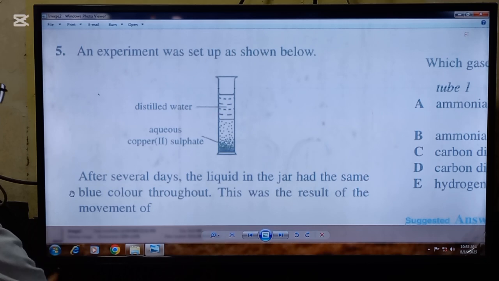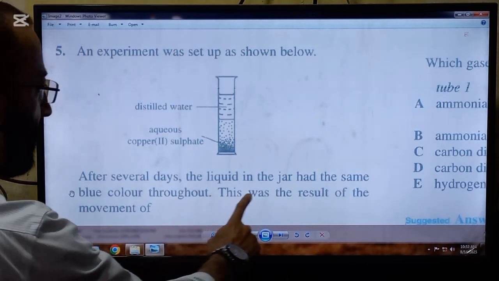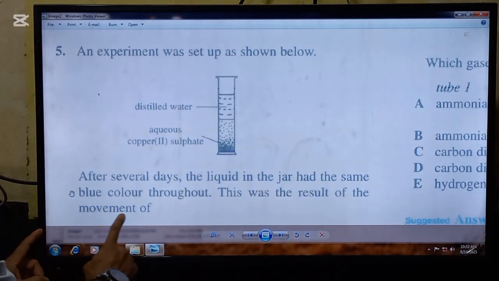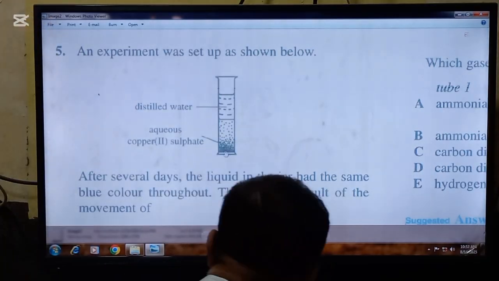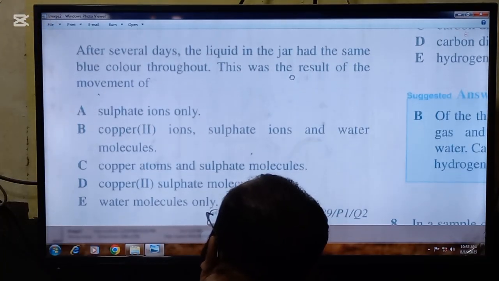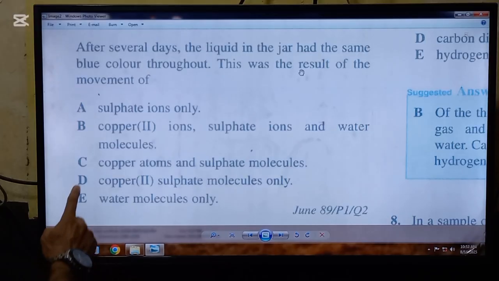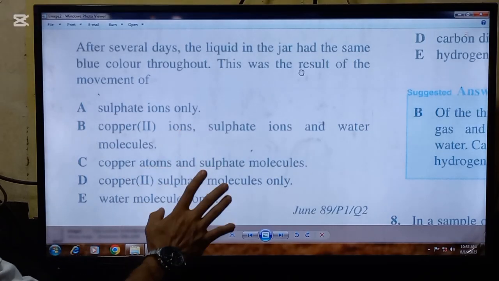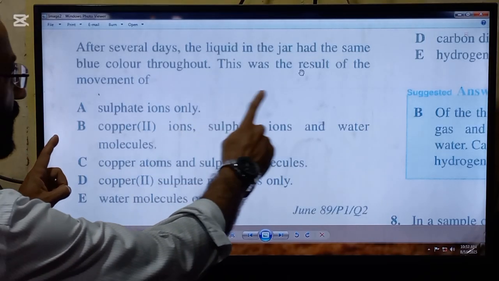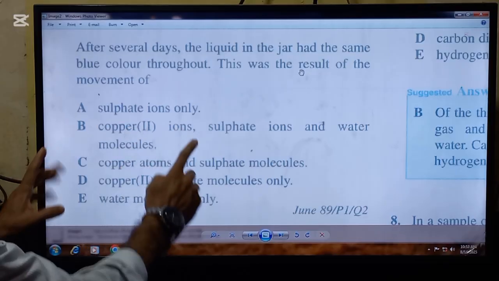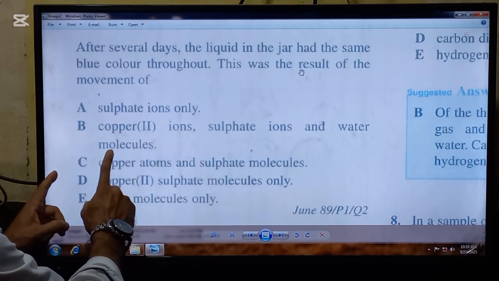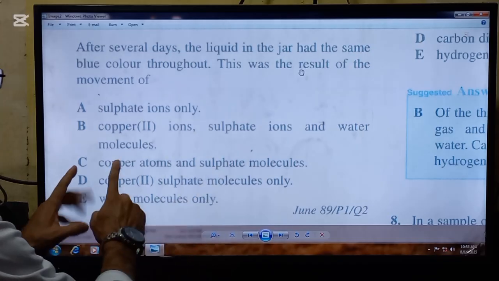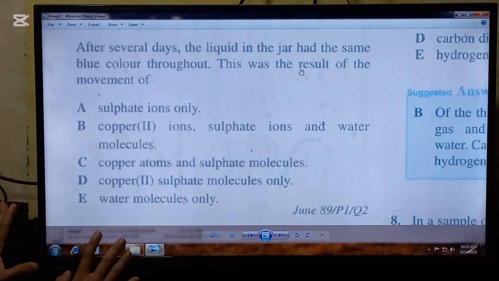So now this statement is: after several days, the liquid in the jar had the same blue color throughout. This was the result of the movement of, and here are the options. First is sulfate ions only. Second is the movement of the copper ions, sulfate ions, and the water molecules only.